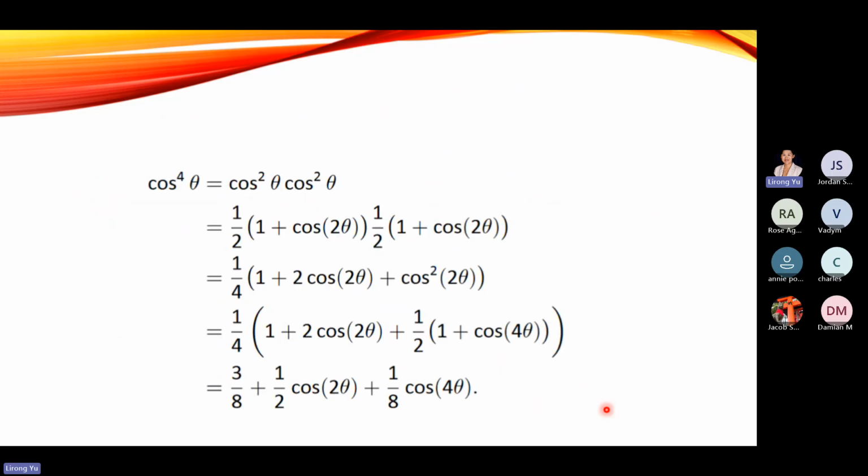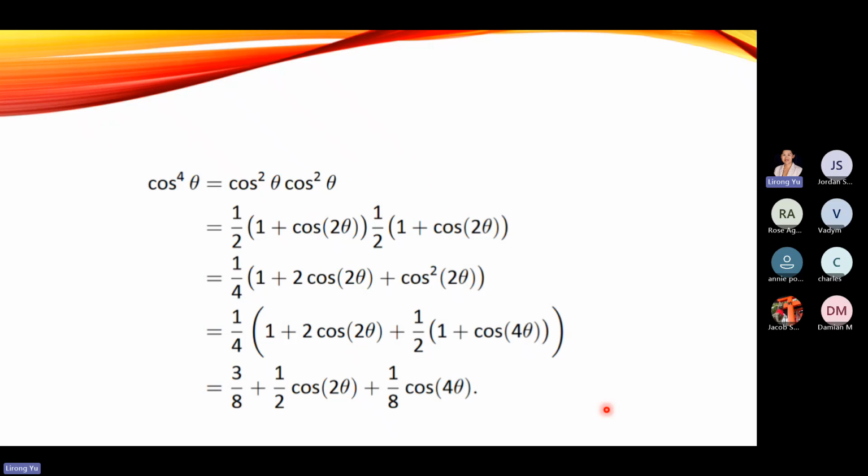So here we are. Cosine theta to the fourth power is cosine squared times cosine squared. Now, cosine squared can be represented using the power reduction formula. So cosine squared theta is 1/2 times 1 plus cosine of the double angle. So these two multiplied, and then we expand 1/2 times 1/2 is 1/4. This is a square.